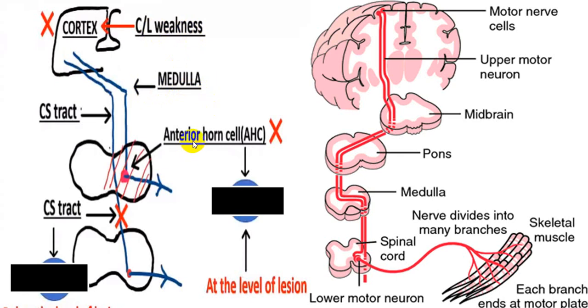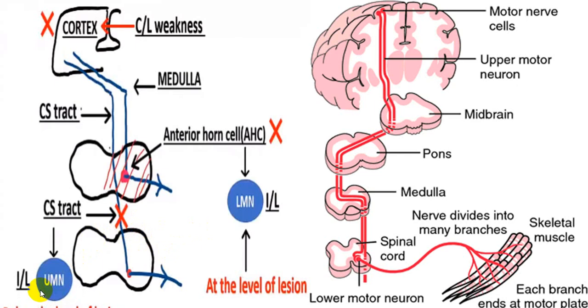If you get damage in the anterior horn cell, you will have a lower motor neuron type of damage on the same side and at the level, but below the level it will be upper motor neuron. But if you get damage to the corticospinal tract, then you will have upper motor neuron damage on the same side below the level of damage.